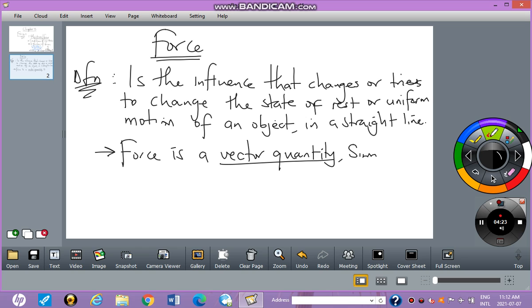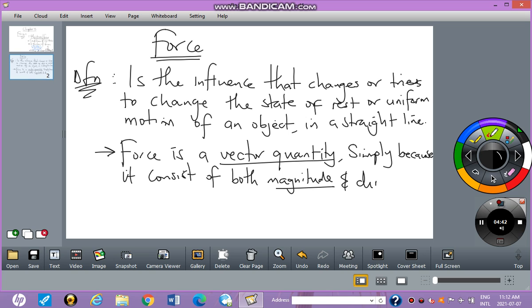Simply because it consists of both magnitude and direction. Okay, so it actually consists of both magnitude and direction.